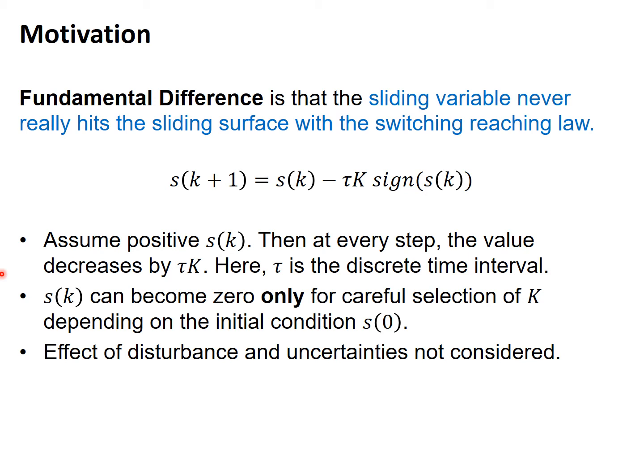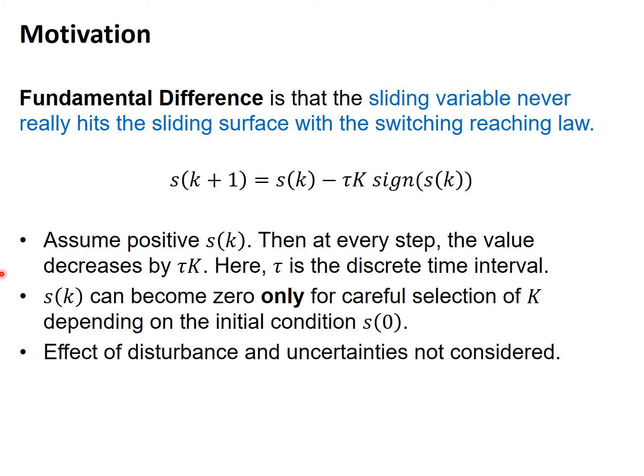In continuous time sliding mode control, we employ the switching reaching law, and it has been proved mathematically that the sliding variable would come, hit the sliding surface and stay there for all future times. But here, with a switching reaching law, we will never be able, or almost never be able, to hit the sliding surface.